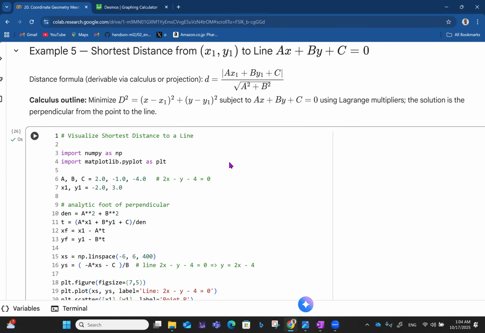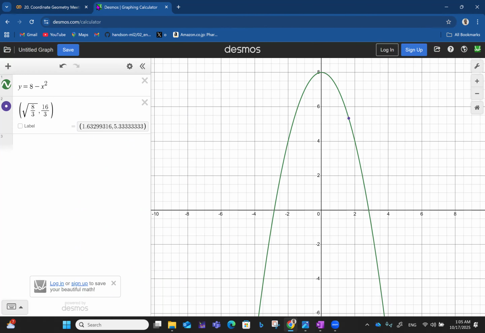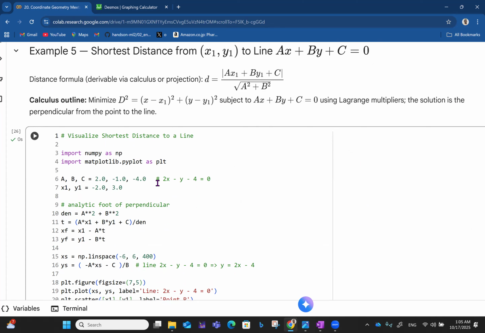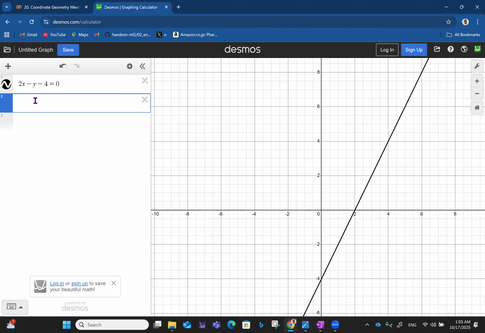So that's how, talking about a line, right? You have 2x minus y minus 4 equals 0. That's the line. And then the point, if you take the point minus 2 comma 3, so that's minus 2 comma 3.